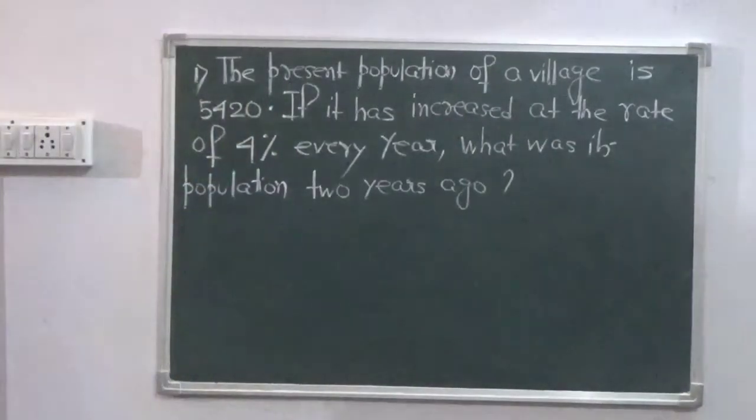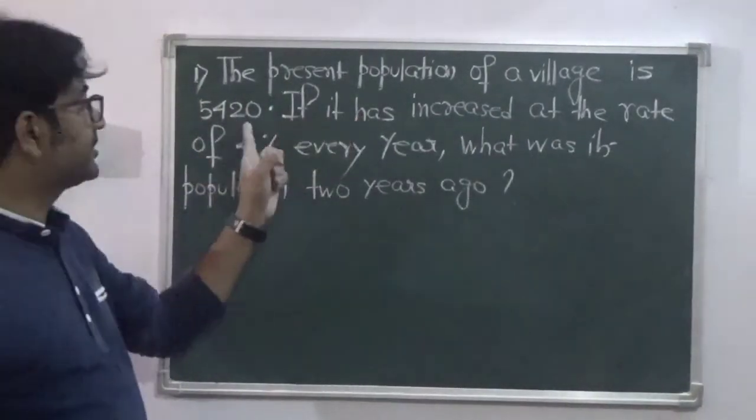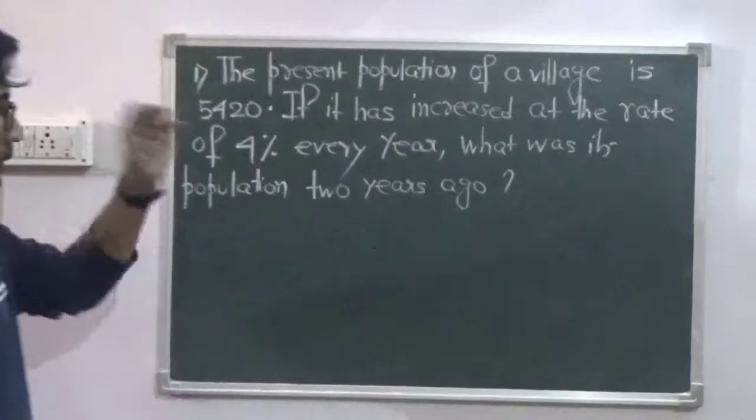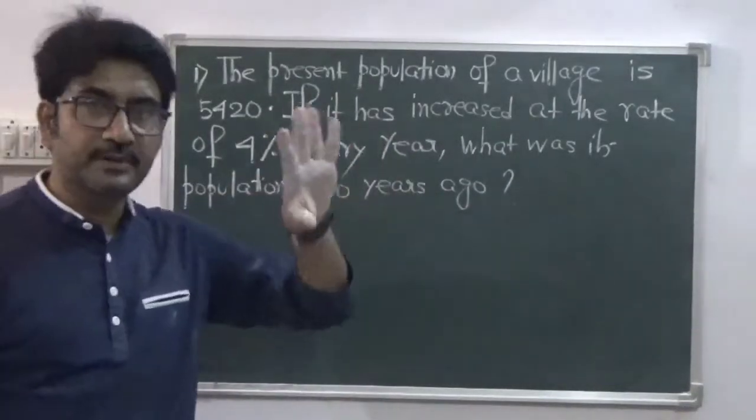So it is growth. Present population of a village is this much. If it has increased at the rate of 4% every year, then what was the population 2 years ago?